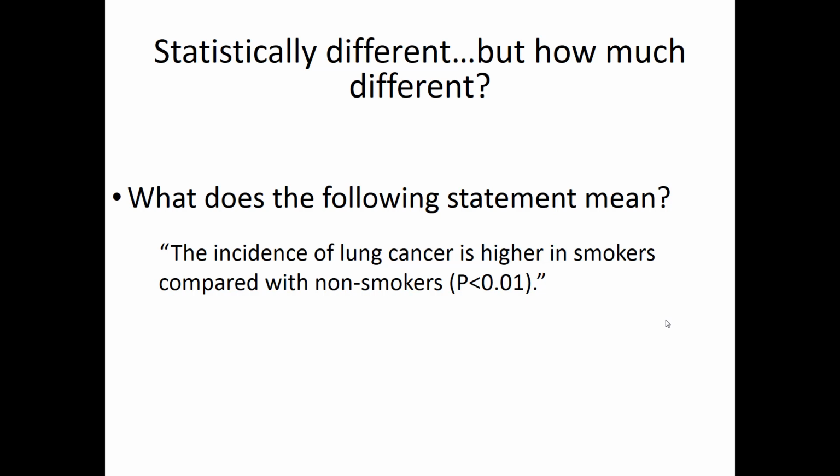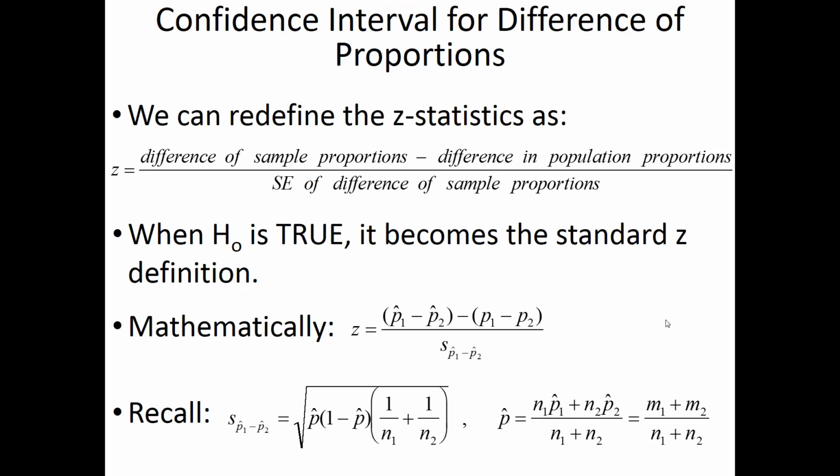So what does the following statement mean? The incidence of lung cancer is higher in smokers compared with non-smokers, with p less than 0.01. We can redefine the z-statistic for the difference of proportions to be the difference of sample proportions minus the difference in population proportions over the standard error of the difference of the sample proportions.